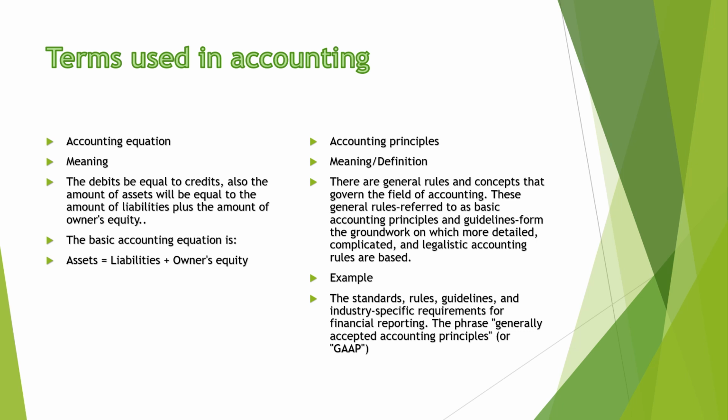The general rules are referred to as basic accounting principles, and these are the guidelines which form the groundwork on which the more detailed, complicated, and legalistic accounting rules are based. Here some of the accounting standards, rules, guidelines, industry-specific requirements for financial reporting. The phrase we all know is generally accepted accounting principles, that is GAAP.